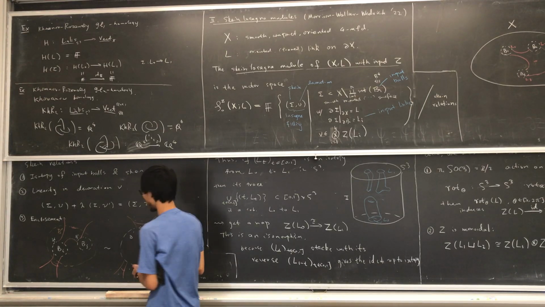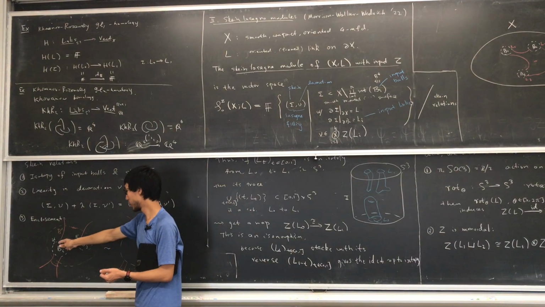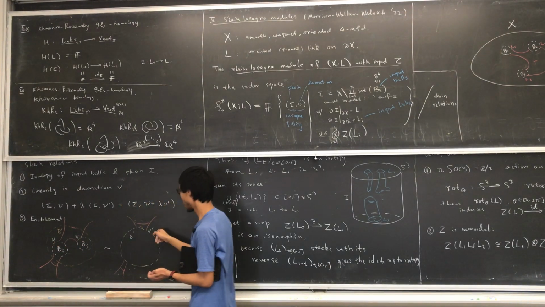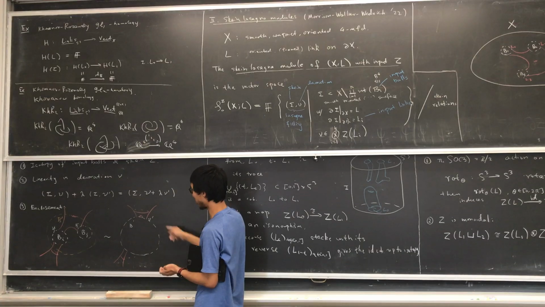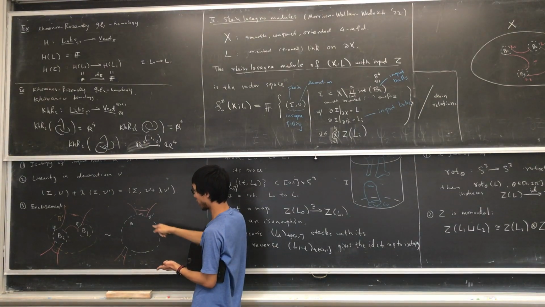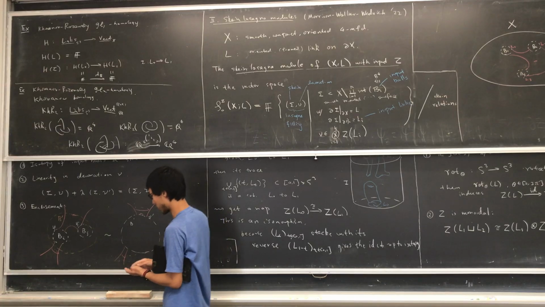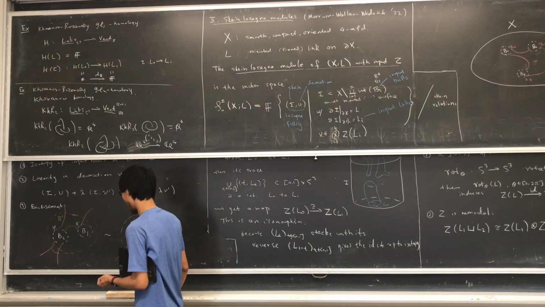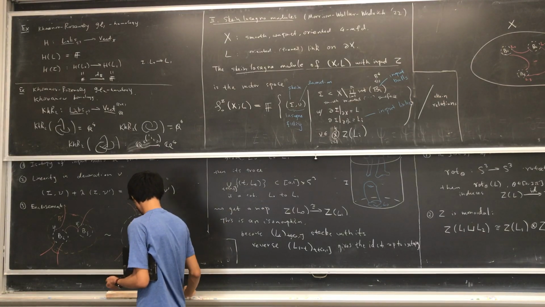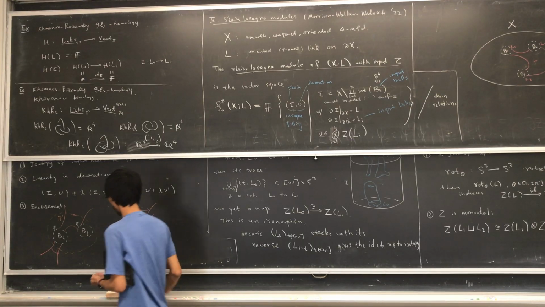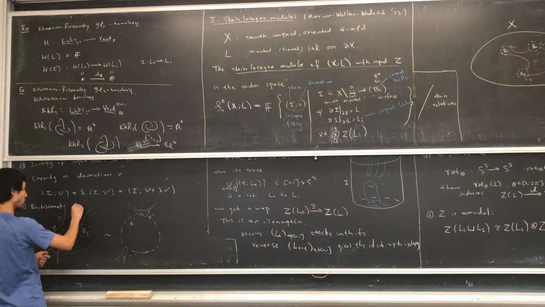So originally I have labels VI, VJ, but I need to update that to a new label V prime on my new boundary. But that is done by, so I'll write a formula, but I'm going to explain this more carefully.